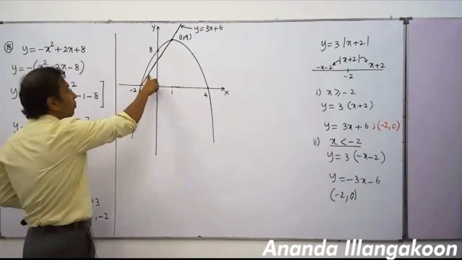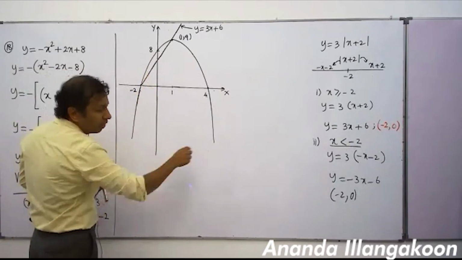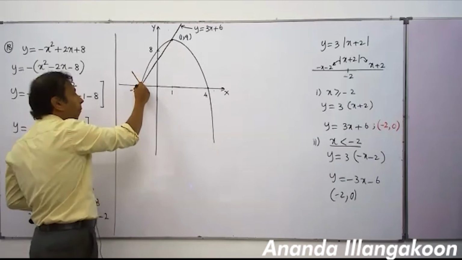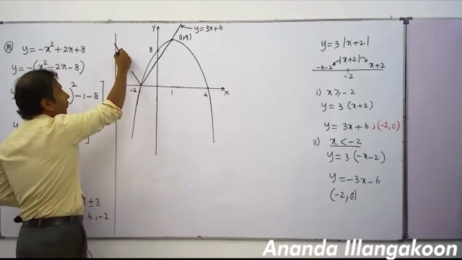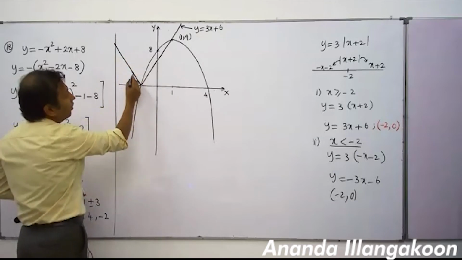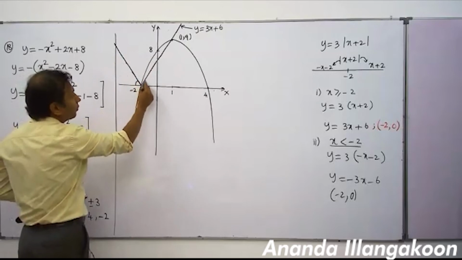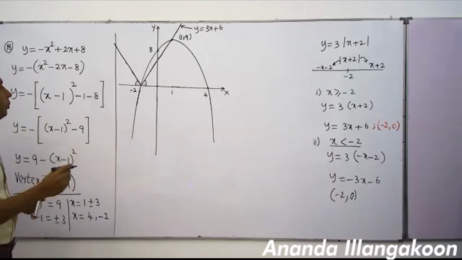The gradient of this is plus 3. So the angle of minus 3x minus 6 on the left of the x-axis must be equal, like this. Then that should be passing like this. Remember, since the gradient of this is minus 3 and this is plus 3, these two angles are equal.